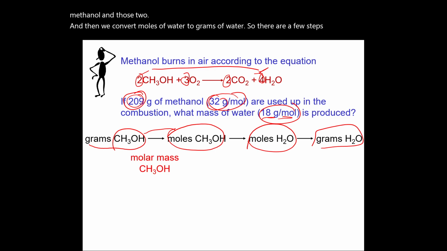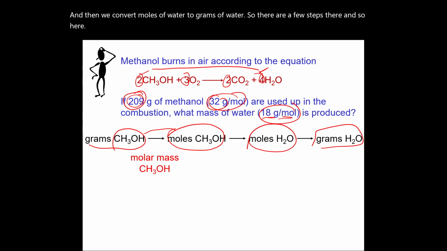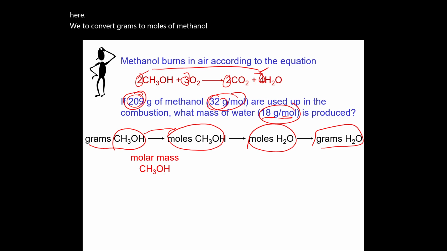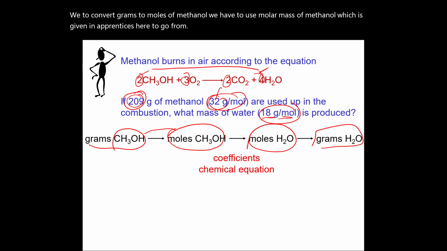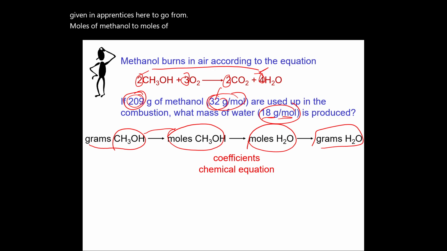And so here, to convert grams to moles of methanol, we have to use the molar mass of methanol, which is given in the parentheses here. To go from moles of methanol to moles of water, we have to use the coefficients.